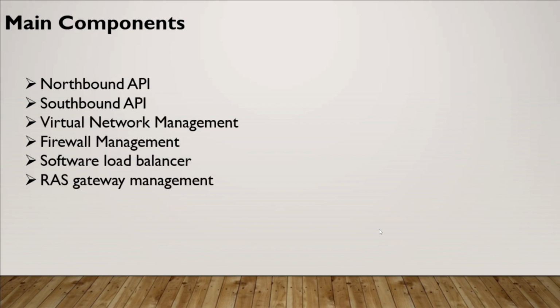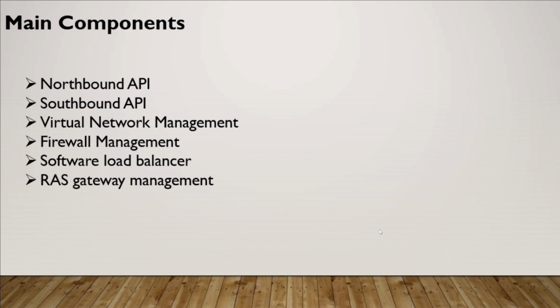Now, let's talk about components. What are the main components of network controller? Azure Network Controller consists of several key components that work together to provide a centralized, programmable point of automation for managing virtual network infrastructure. So, northbound API.